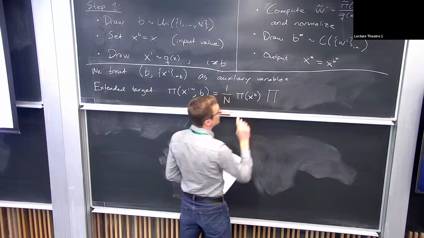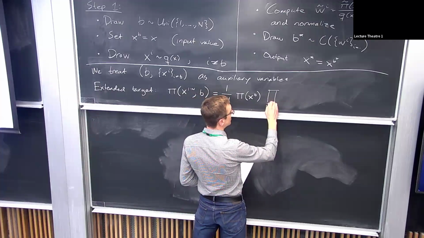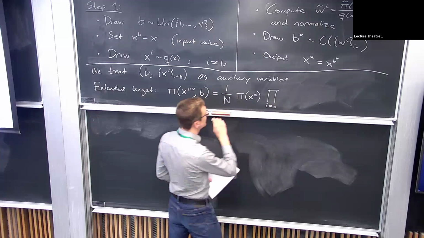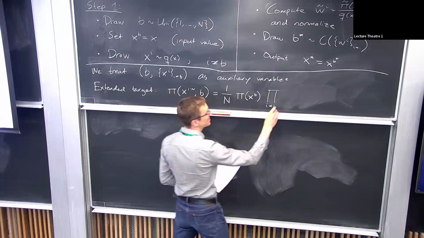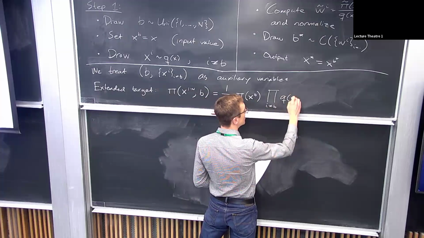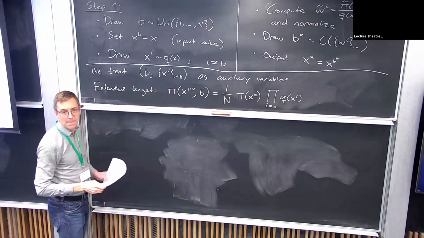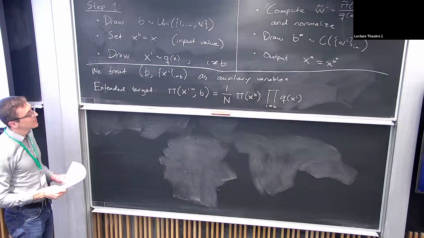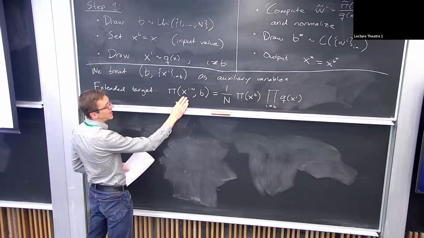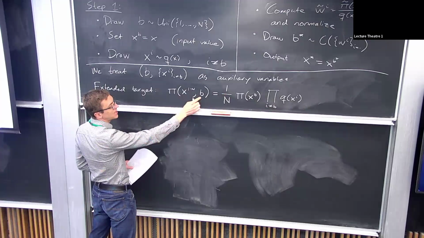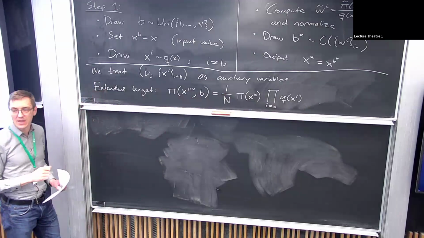And once I've generated that, I say that all the other x's here, except for b, they should be drawn from q. So this now gives us a distribution over n x values and 1 b index value.